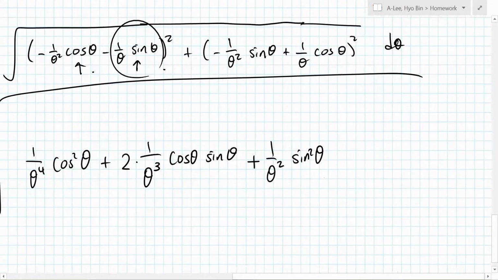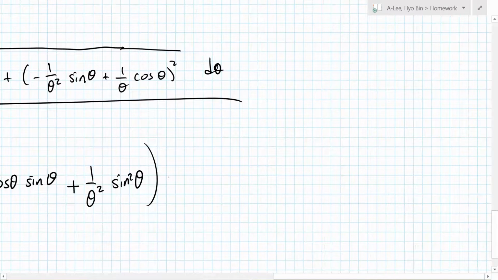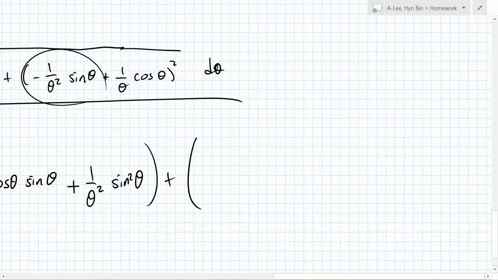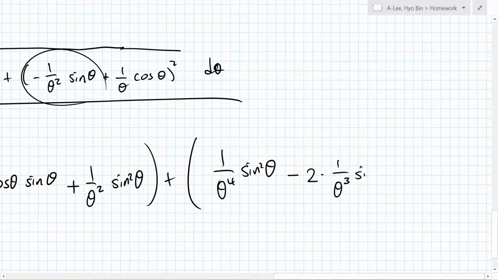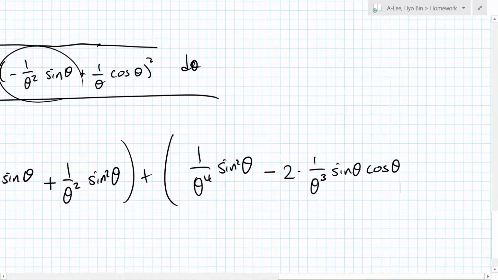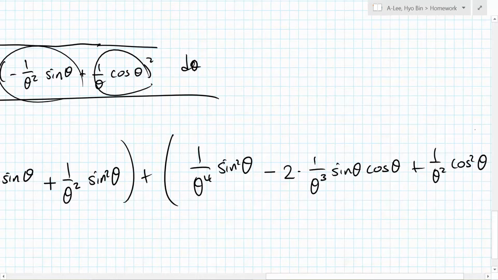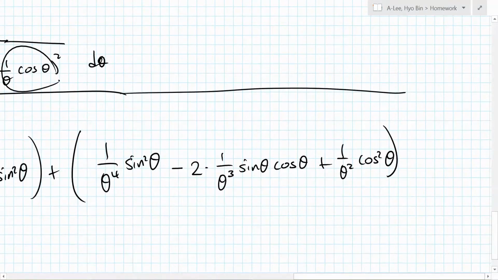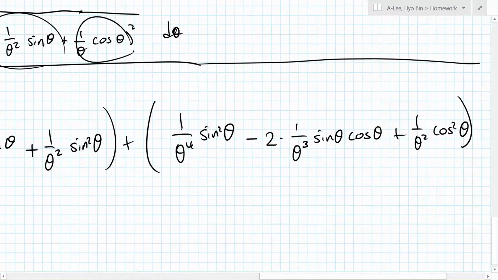Now that all is under a bracket, and plus the square root of this term right here, which is 1 over theta to the fourth times sine squared theta, negative minus, because there's a negative and a positive, 2 times 1 over theta cubed sine theta cosine theta, and then plus a square of that, 1 over theta cubed times cosine squared theta, all in a bracket, and that should just extend over there, and maybe I'll put that there just to make it complete.